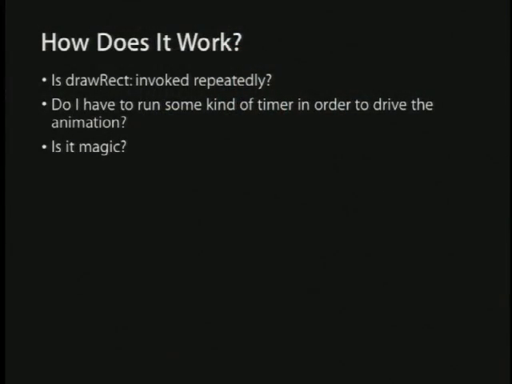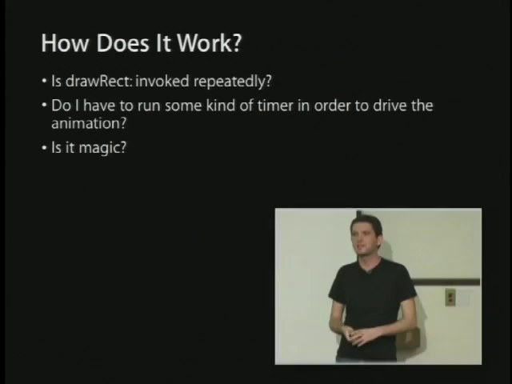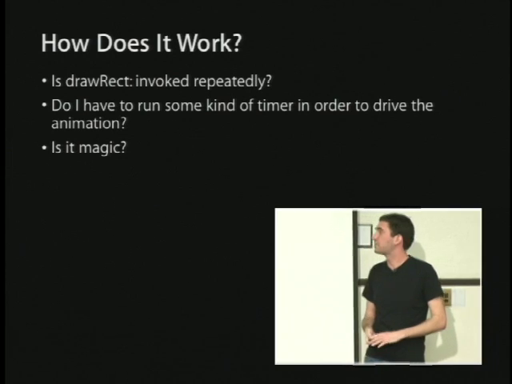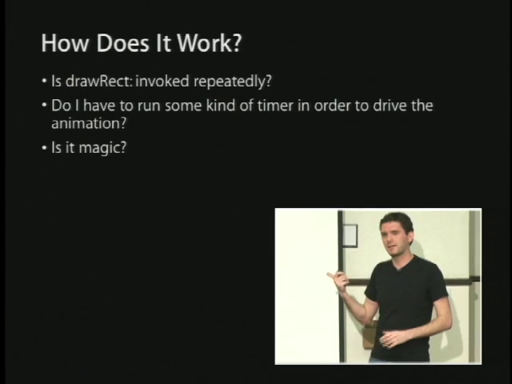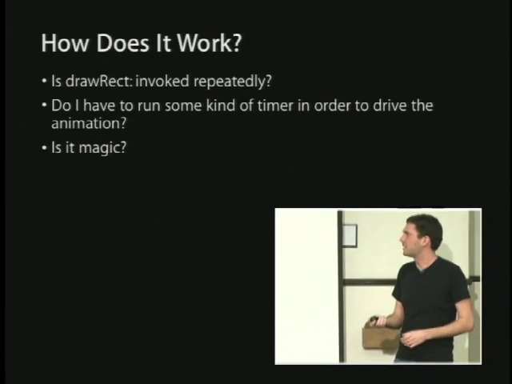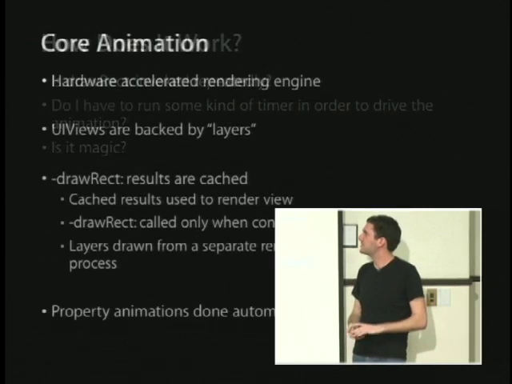So how does all this work? Do we call drawRect every frame and draw the different progression as we're going through that? Well, we already kind of alluded to that. These devices aren't powerful enough to call drawRect that much. Is it magic? It kind of is, but it's magic that's understandable once you know a little bit about it.